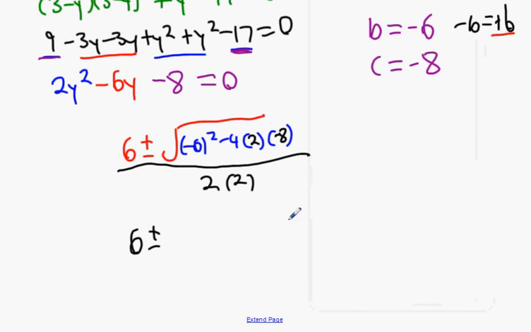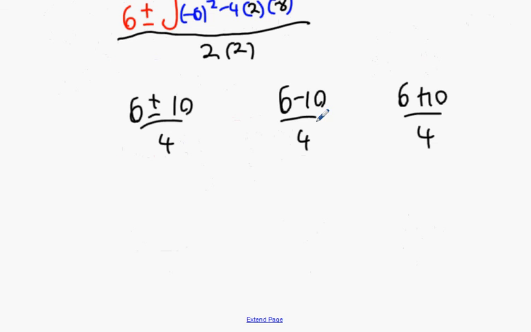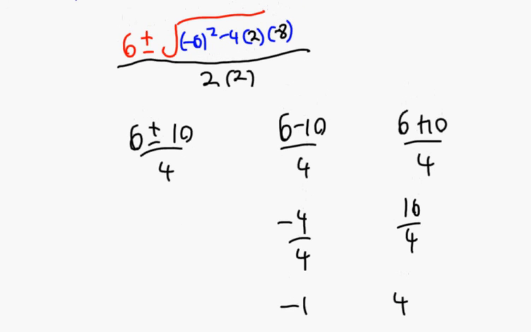It came out as 10. 6 plus or minus 10 over 4. So it's either 6 minus 10 over 4 or 6 plus 10 over 4. Now what happens next, guys? 6 minus 10, minus 4 over 4, which is minus 1. 6 plus 10, 16 over 4, which is 4. Are these our y answers or our x answers?